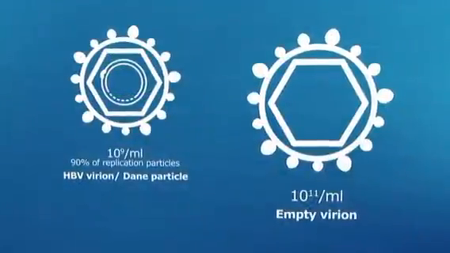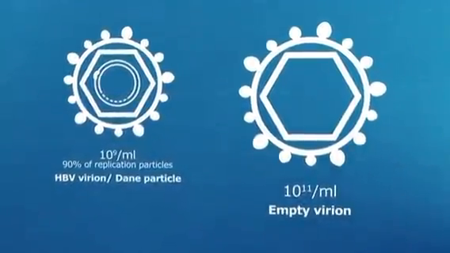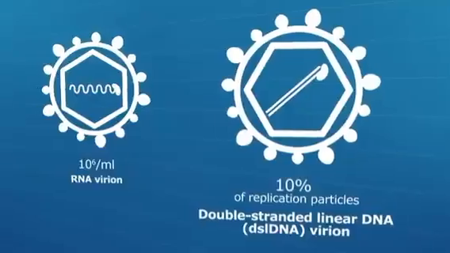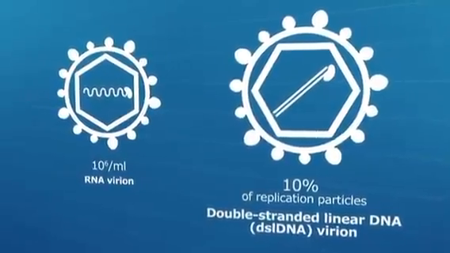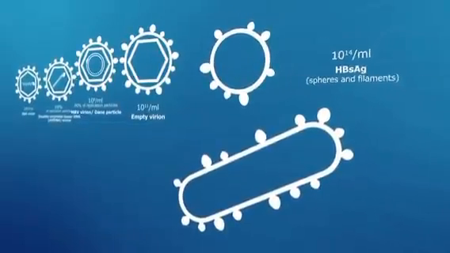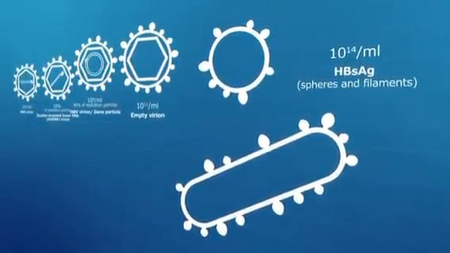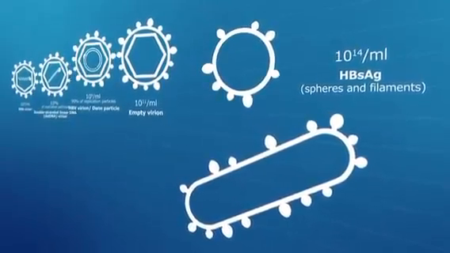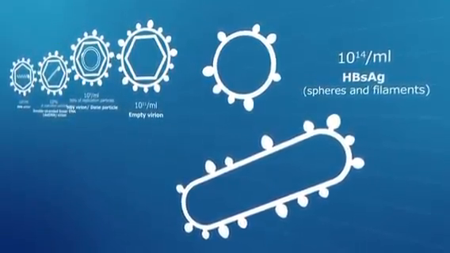Non-infectious viral particles lacking HBV DNA occur 100-fold more frequently than complete virions, while viral particles containing linear double-stranded DNA, or RNA, are less common. Most abundant of all, at up to 100,000-fold excess over complete virions, are subviral particles, lipid membrane spheres and filaments bearing only surface antigens.